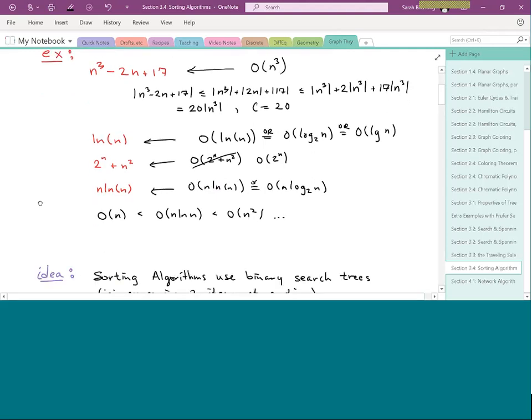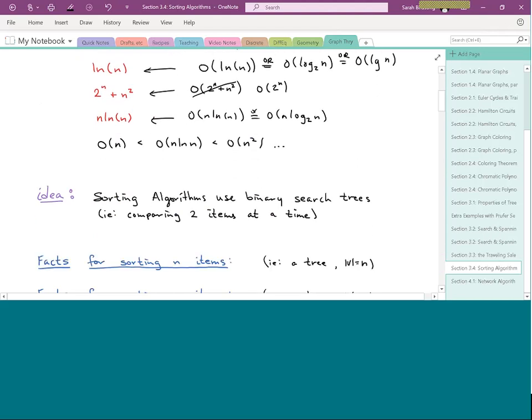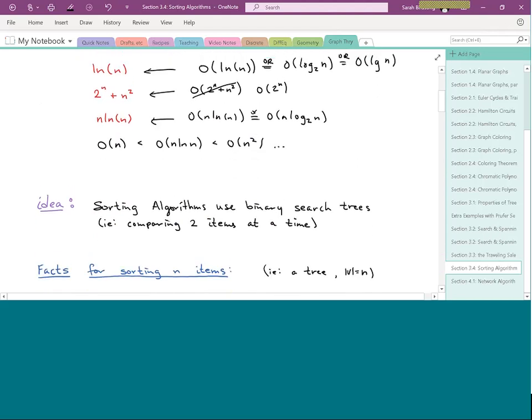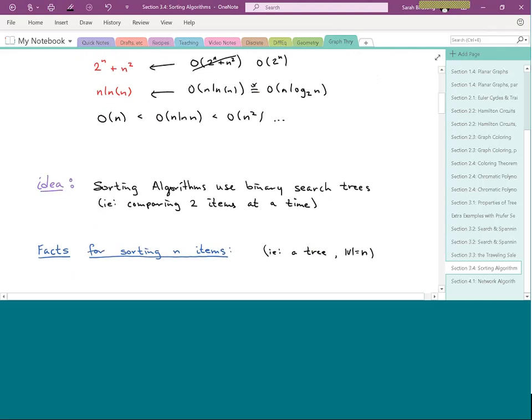So in this section, we're going to be looking at sorting algorithms. These sorting algorithms use binary search trees. What we looked at in the previous couple sections was searching through our binary trees, comparing 2 items at a time and keep going. So it's really similar to that decision tree that we made for our traveling salesman problem.